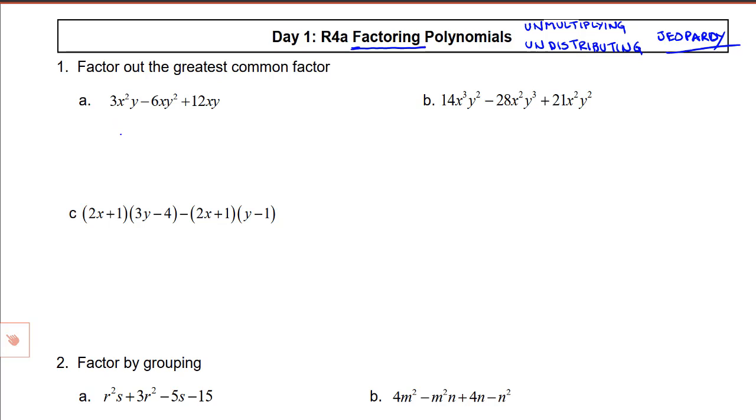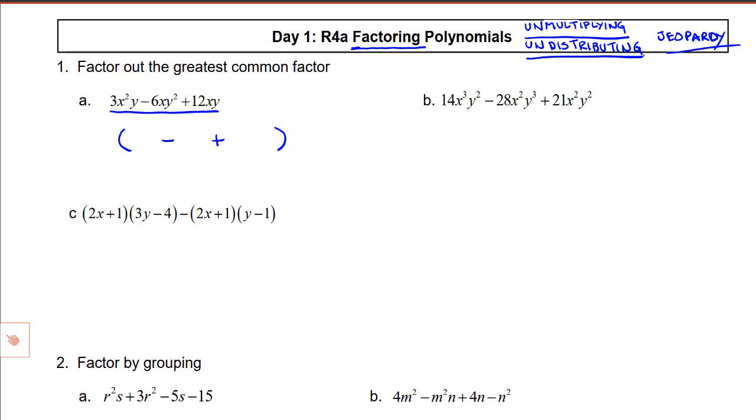Anyway, so if we were to say, okay, here is the multiplication problem where this is the answer. And we are undistributing and unmultiplying. What did I distribute to get that answer? You think.